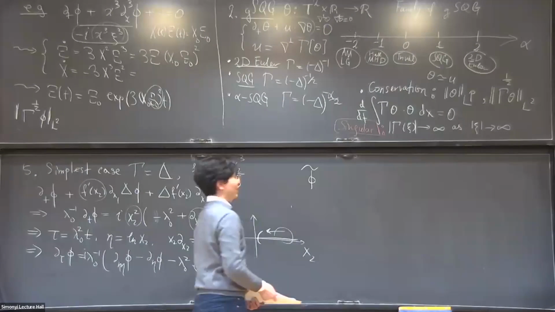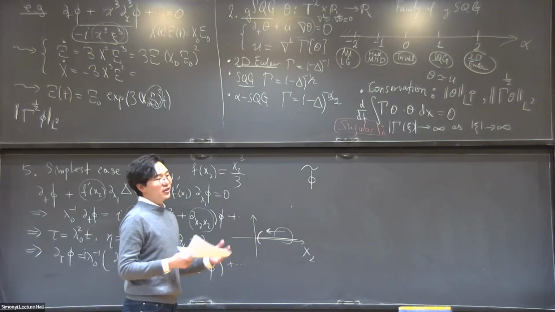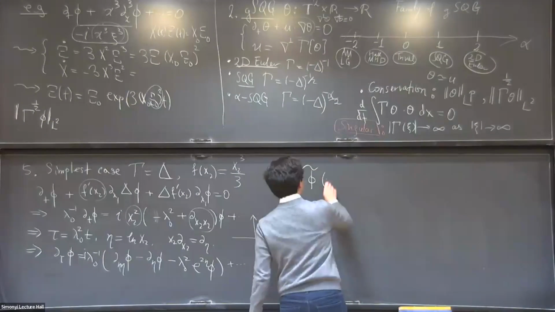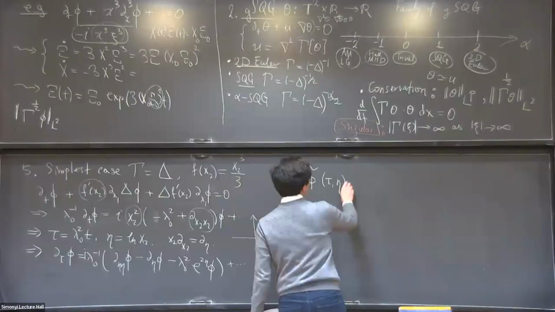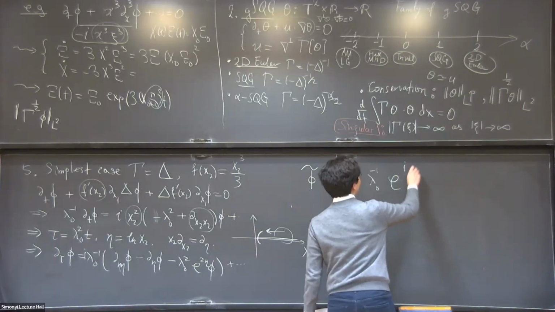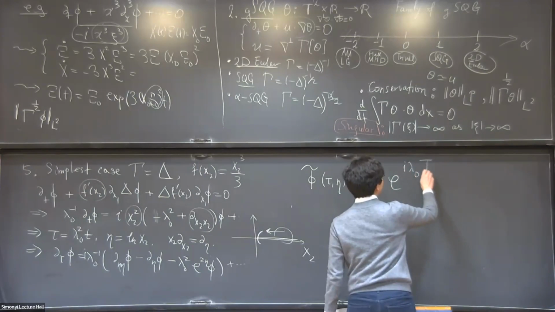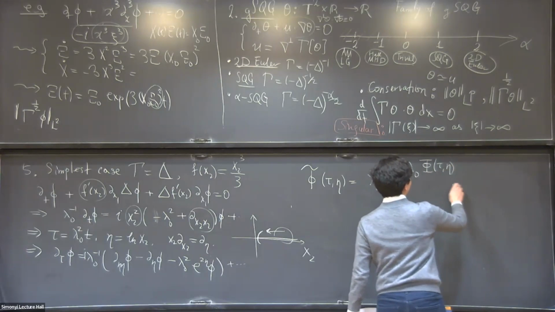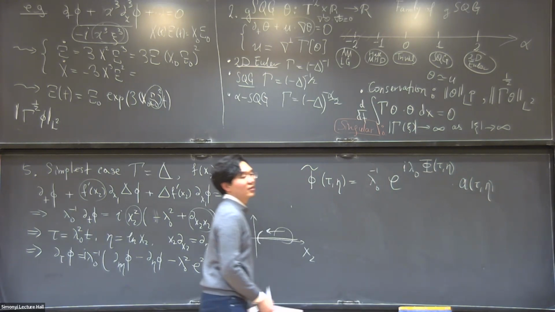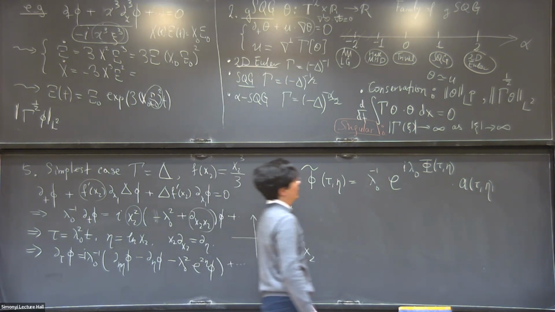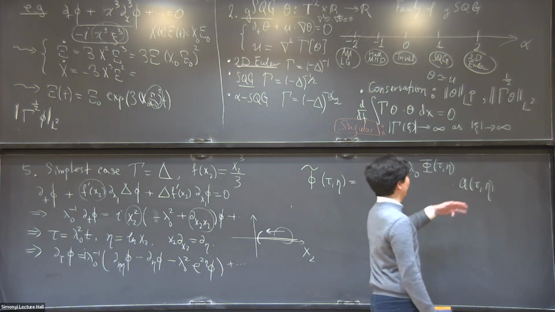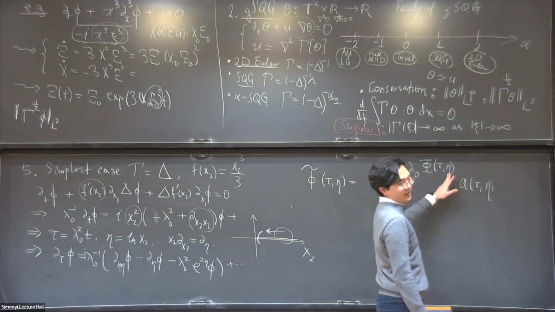Now I'm putting a tilde because this is only going to be an approximate solution, not an exact solution, in tau eta coordinates: inverse exponential of I lambda phi of tau eta times amplitude in tau eta. And the goal is to be able to pick the phase function and the amplitude function as completely smooth functions of tau and eta.